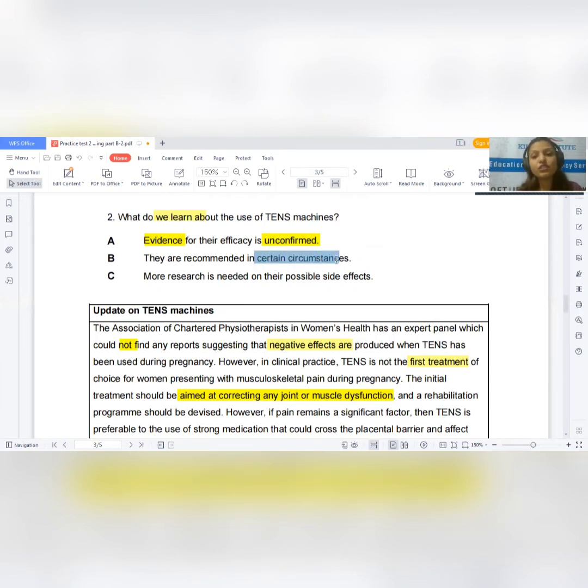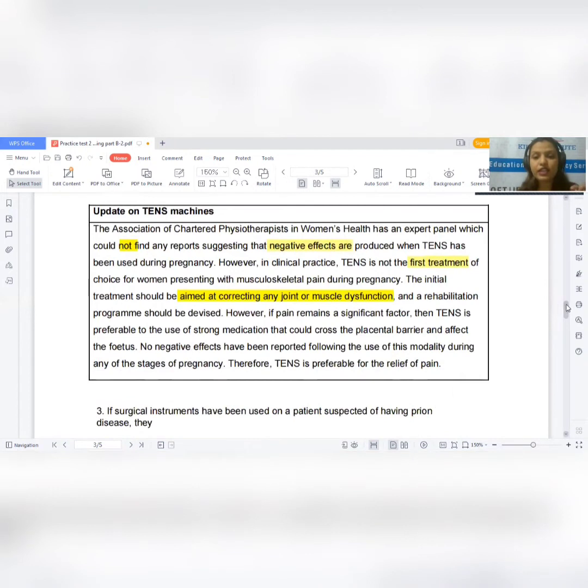B says they are recommended in certain circumstances. Certain circumstances, I can say okay, because here, if the first line of treatment fails, your aim should be correcting any joint or muscle dysfunction, and then a rehabilitation program should be there.